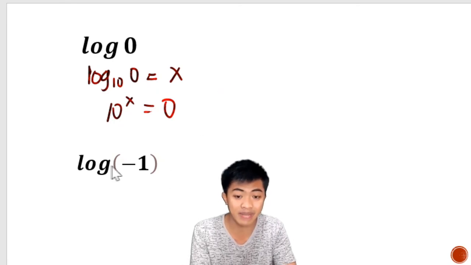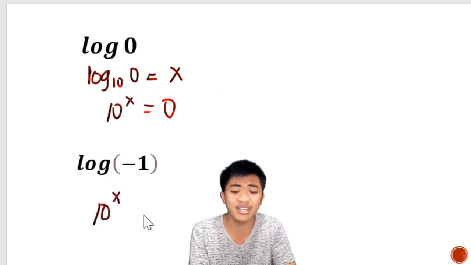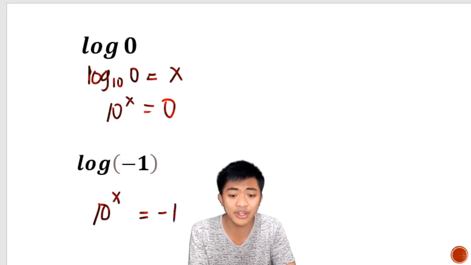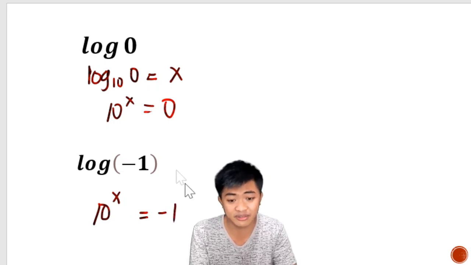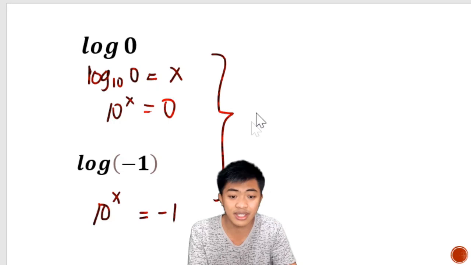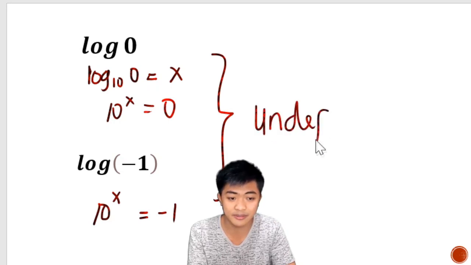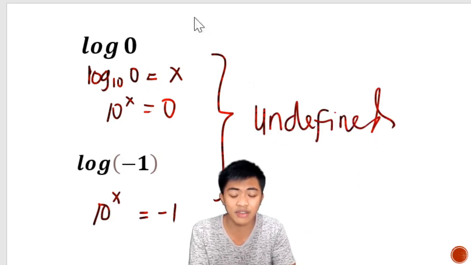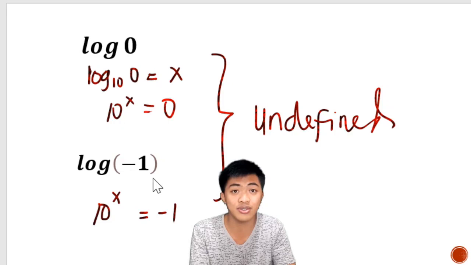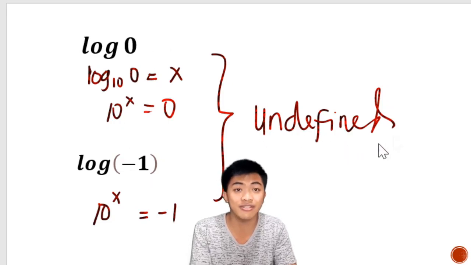Same is true sa baba. Walang number ang pwede nating i-raise sa 10 para magkaroon ng result na negative. Okay? So both of these are undefined. Okay, so don't forget, if we have a logarithm and the argument is 0 or a negative number, that is impossible to evaluate. That is undefined.